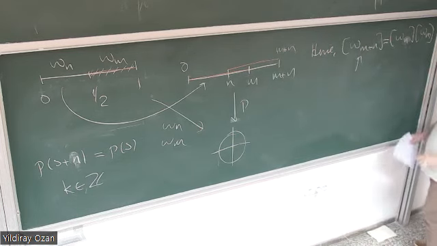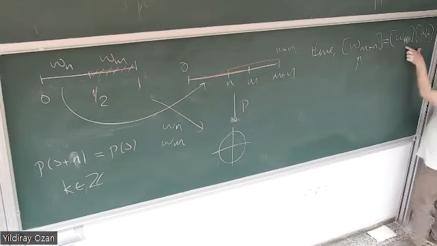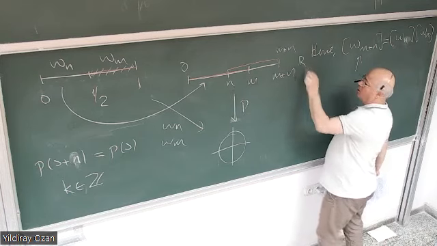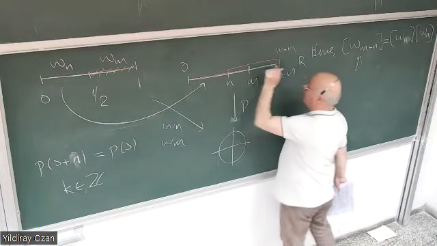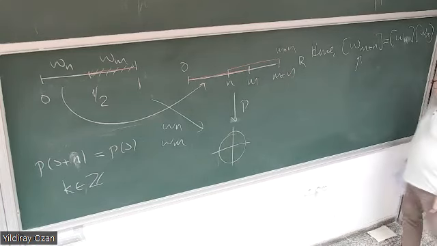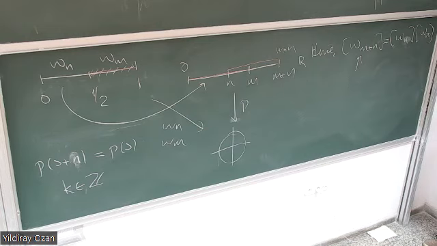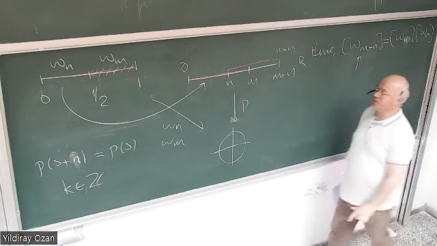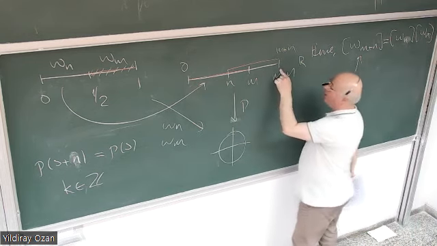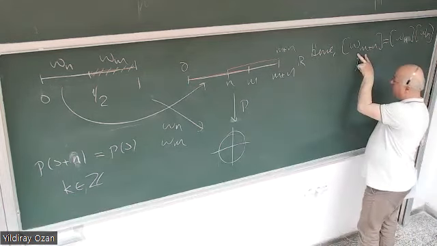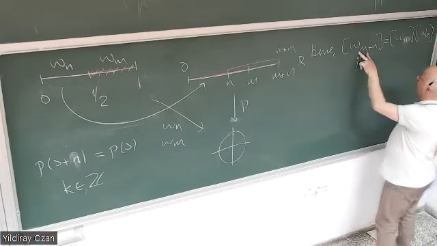Yani her ikisi de both this one and this product are represented in R by a path starting at 0 and ending at n plus m. Yani ne diyoruz? Bu klas sıfırdan başlayıp m artı n'de biten bir pet'in sınıfı. Zaten by definition öyle.